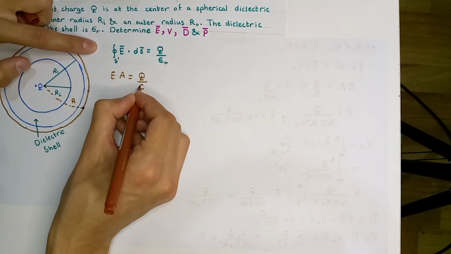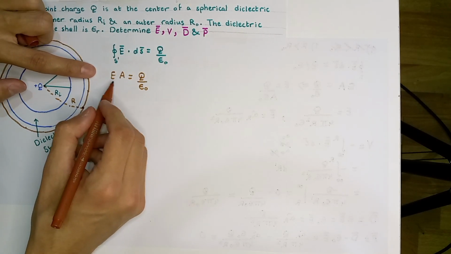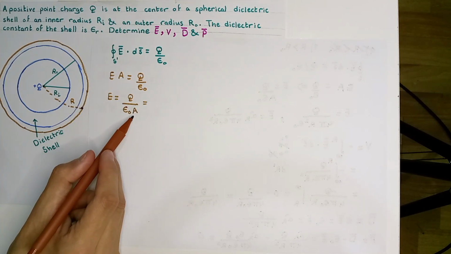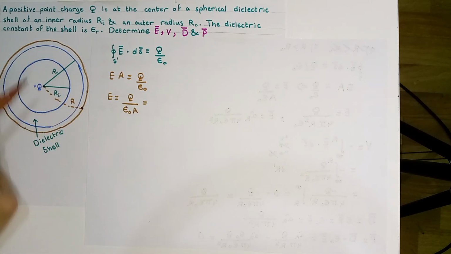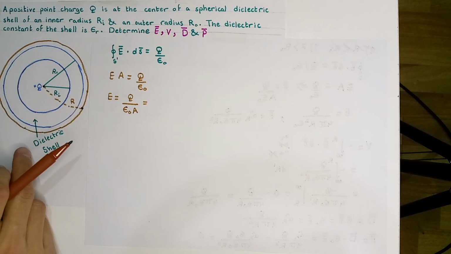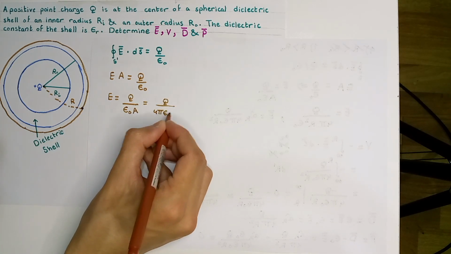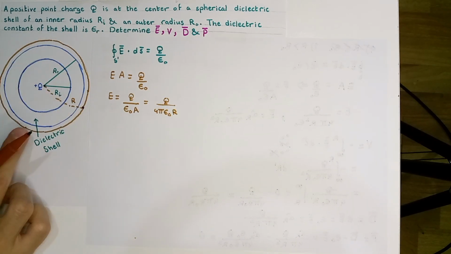I'm going to divide both sides by A. This A is representing the area of the spherical Gaussian surface, and the area of the sphere is equal to 4 pi times the radius squared, where R is the radius of this Gaussian surface.